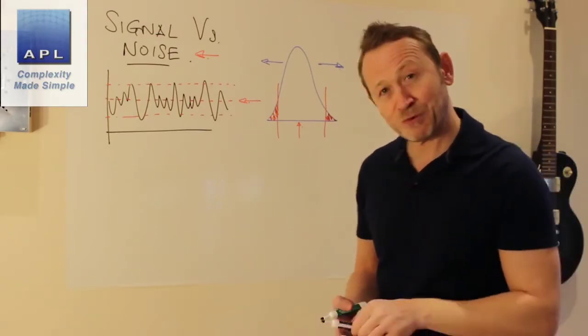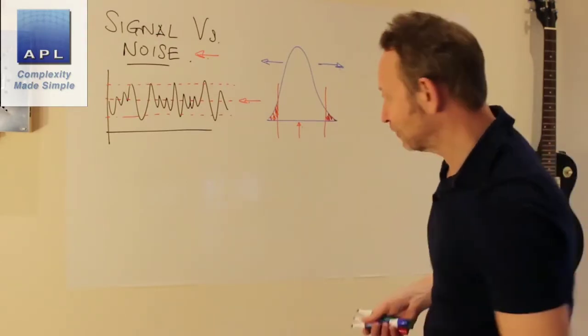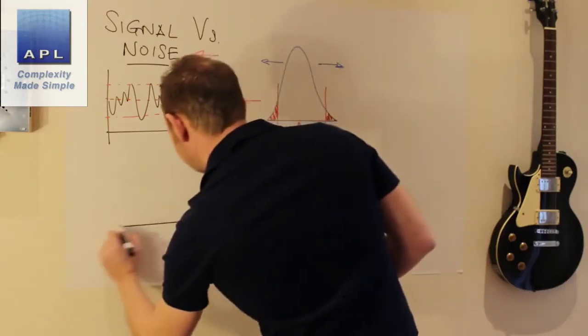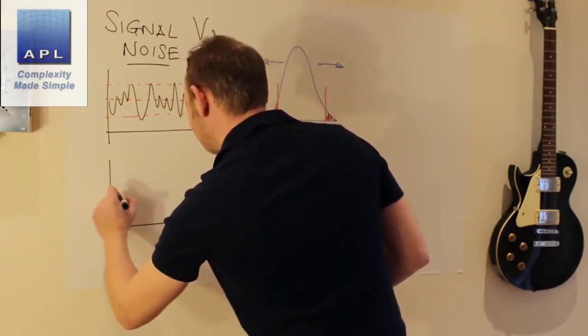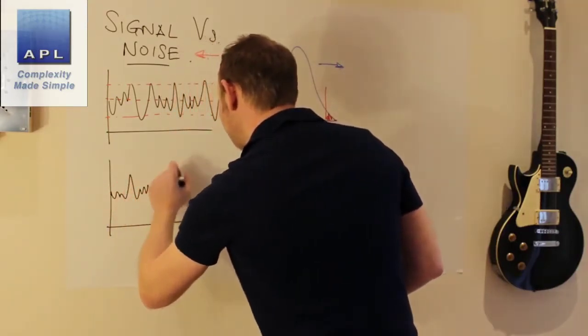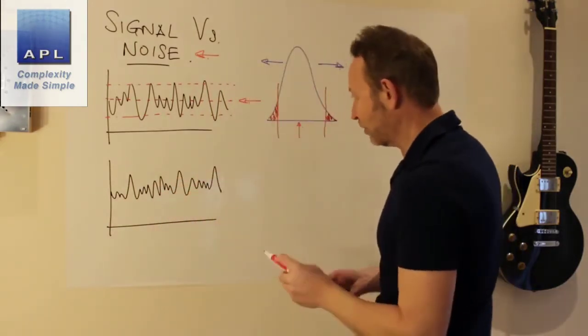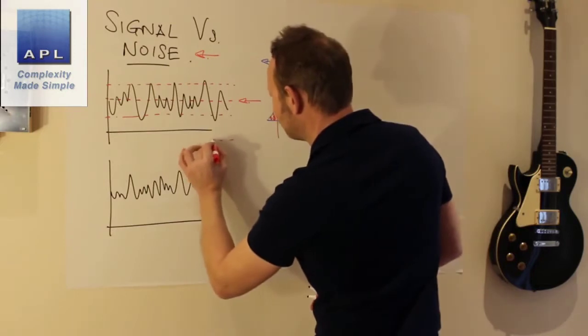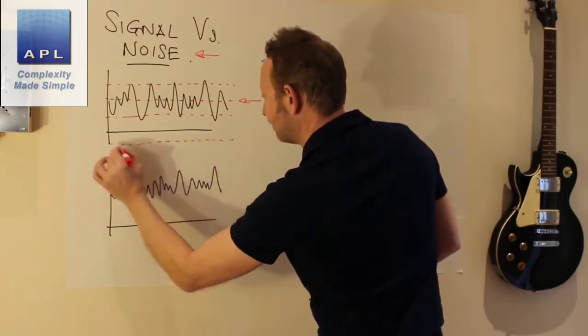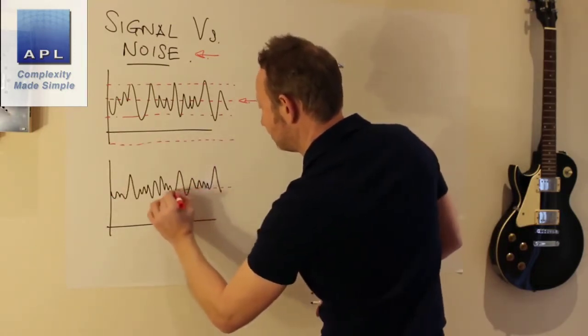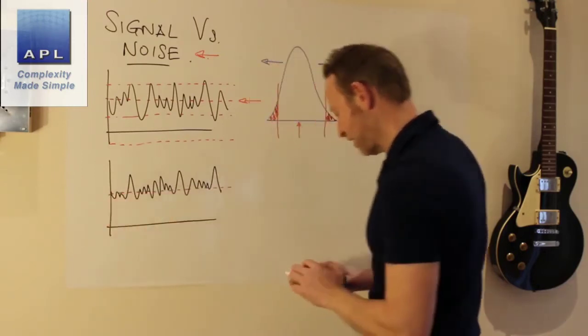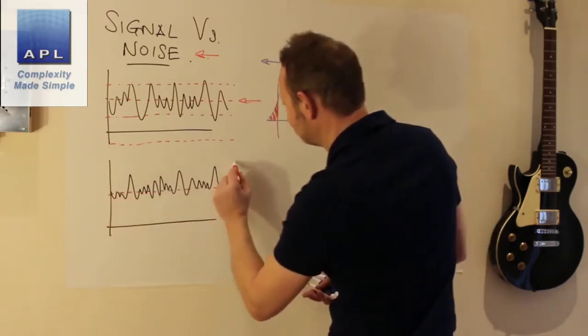Okay, now let's have a look at a problem where the problem is the signal. Got the same process in a sense. We've got the random number generator bouncing around. Okay, we'll put an upper tolerance on this thing. There it is. We'll put a lower tolerance on there, and we'll put the middle.